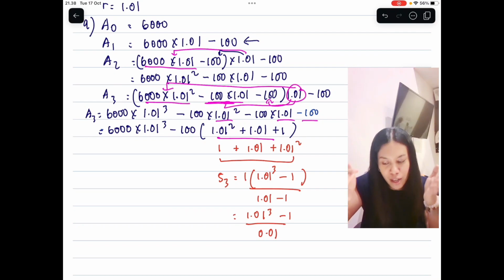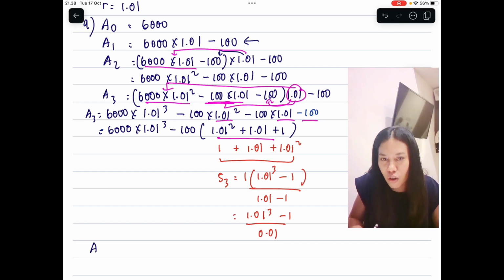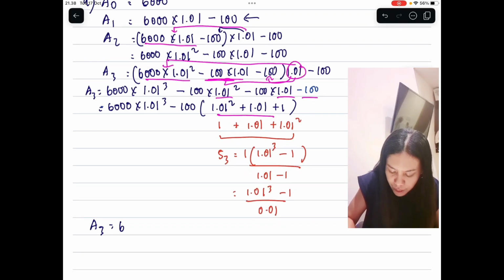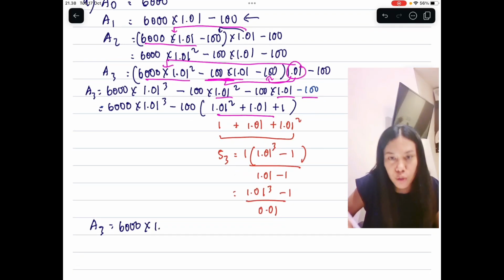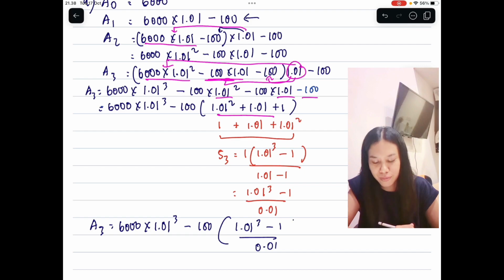A3 is the amount of debt that Maya still owes until the 3rd month, until the 3rd payment. So I rewrite everything again: 6,000 times 1.01 cubed minus 100 in bracket 1.01 cubed minus 1 over 0.01, and we close the bracket.